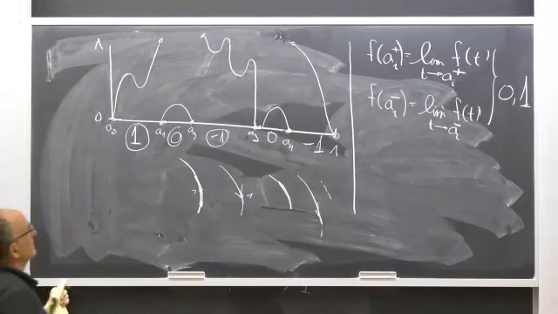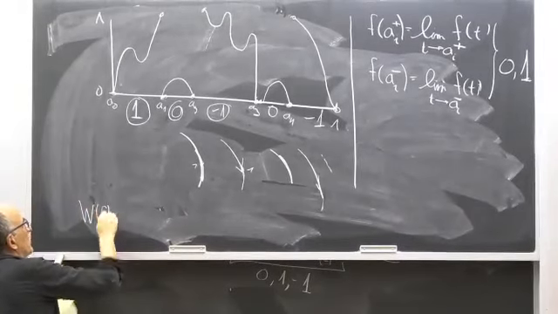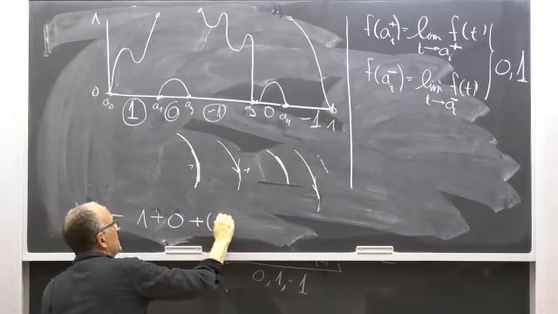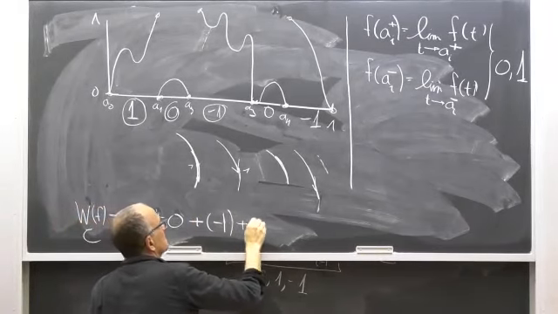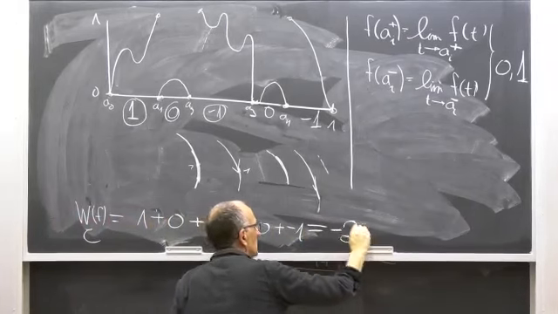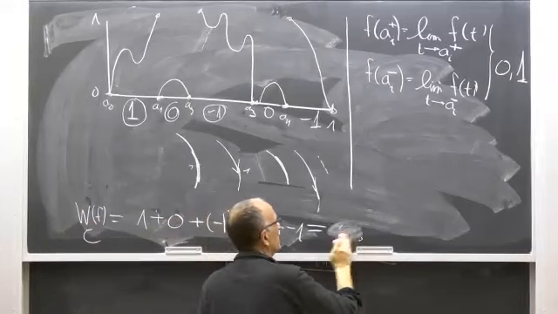Right? So altogether, in the example, the winding number of f along C is 1 plus 0 plus minus 1 plus 0 plus minus 1 equals minus 1.